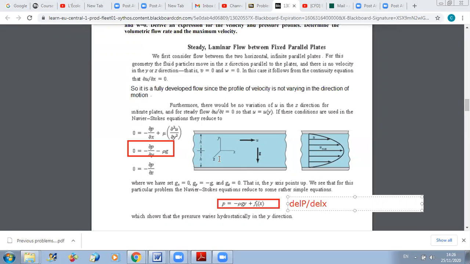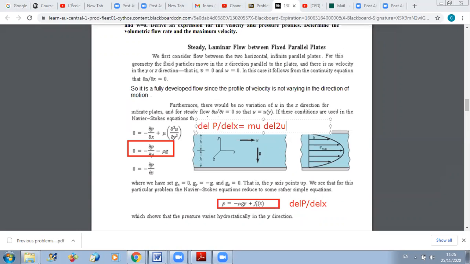The whole idea that I want to demonstrate for you is that p is independent of x. Why? Because from the first relation, from equation 1, you get that del p over del x is equal to mu times the second derivative del square u over del y square. If I only use this equation I cannot continue, because I don't know what del p by del x is.